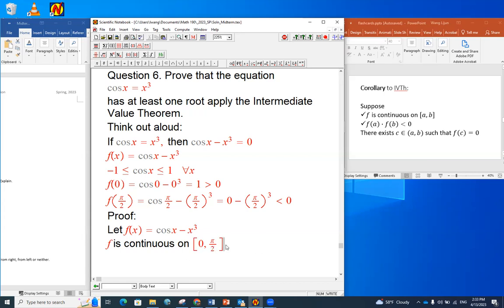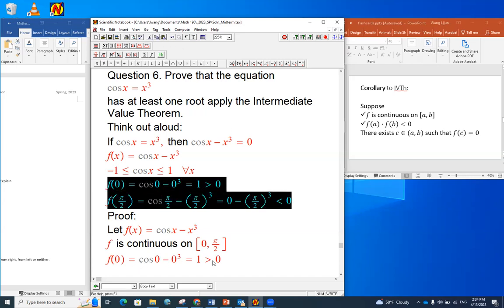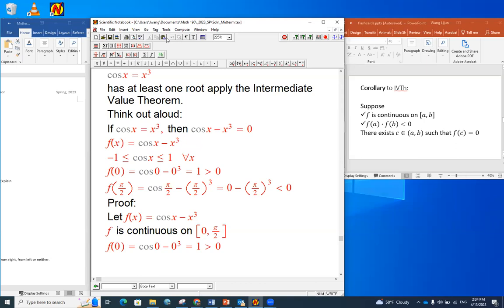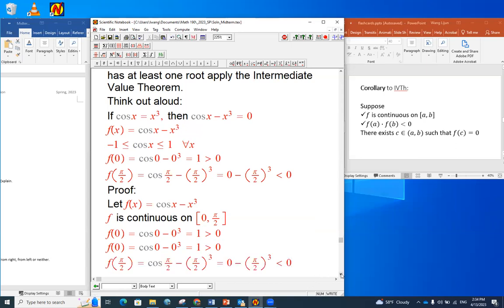So f is continuous on a closed interval. You don't have to write the word closed, as we talked about before. You just have to indicate that. Number 2, you're going to tell the reader that f of 0 is positive and f of pi over 2 is negative. You can create your own interval.